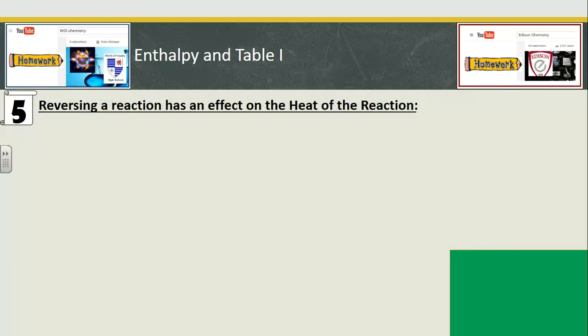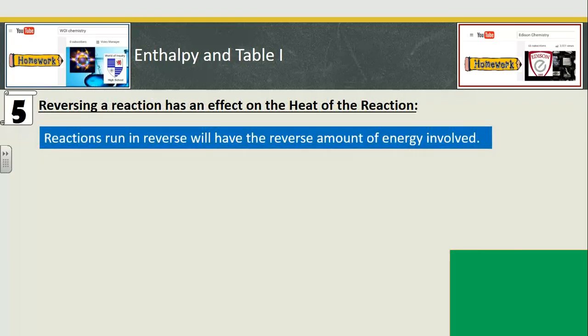Now, you reverse a reaction too. You can't unburn a candle, but many chemical reactions can be run in reverse. So you're going to reverse the amount of energy involved. The amount number-wise is going to stay the same, but you're going to reverse the direction the energy is flowing. So if a reaction originally releases heat, but you run it in reverse, it's going to absorb heat.